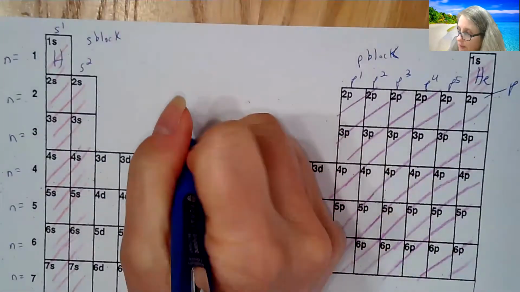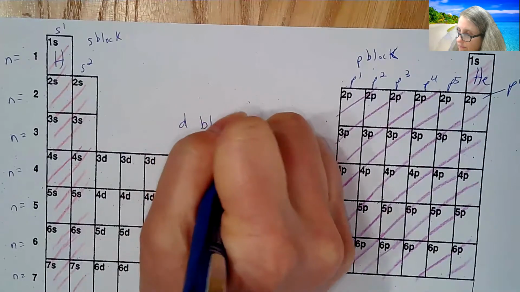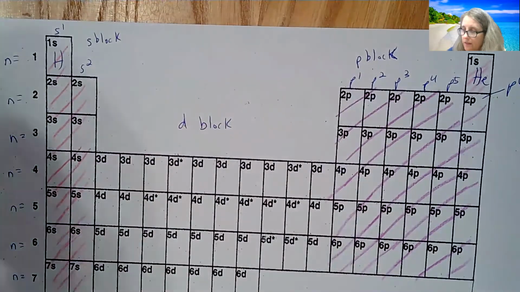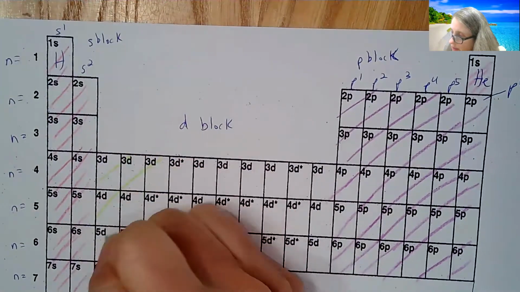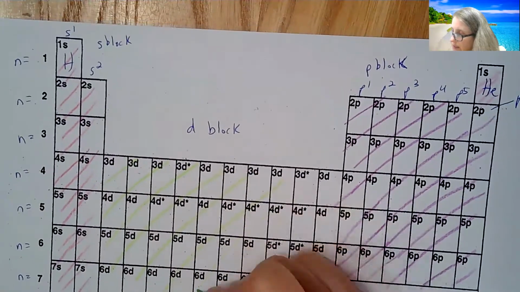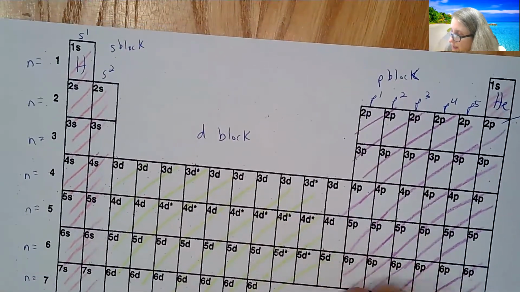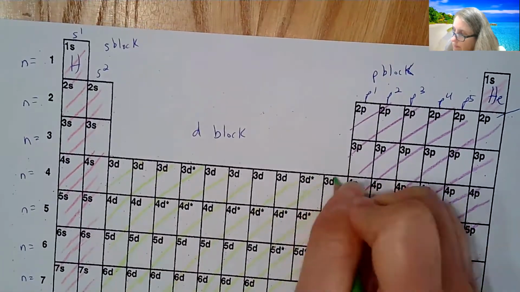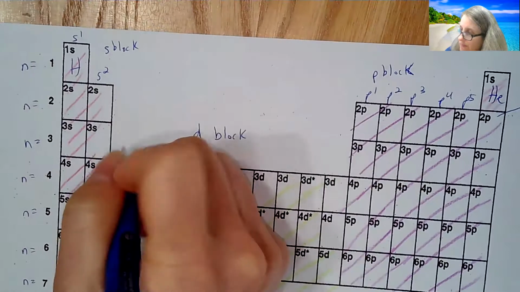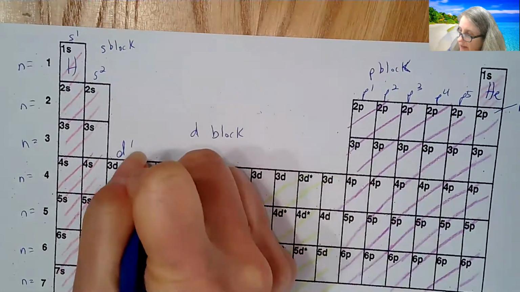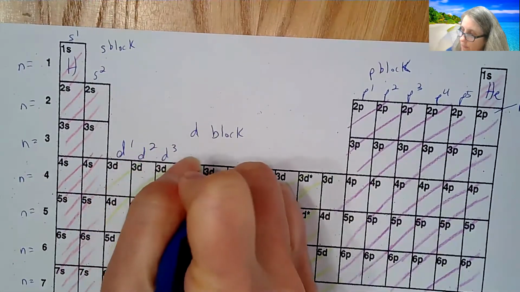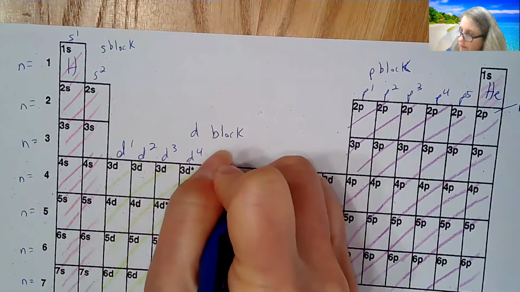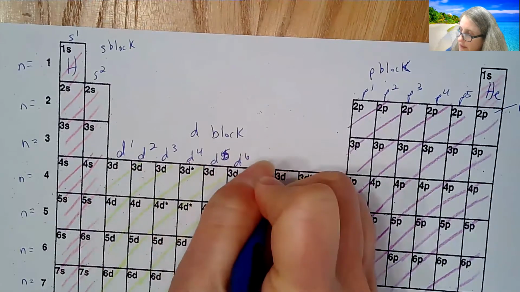Then we have in the middle called the D block. Pick a different color. You're going to color in the 10 columns here. And each column labeled D1 through D10. Oops, D5, D6.